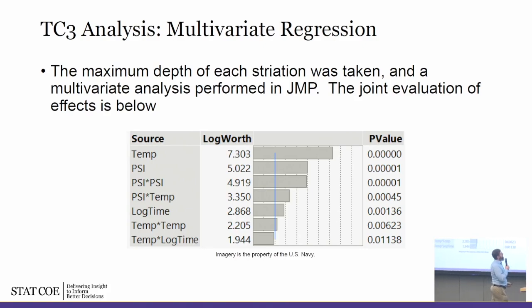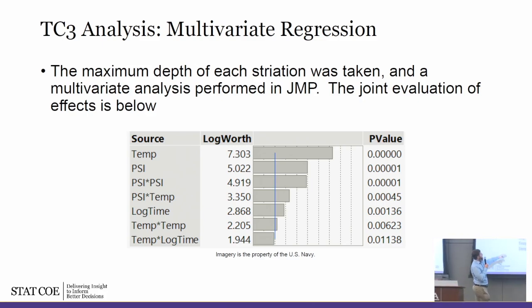Now, we have the test case 3 analysis. We had that multivariate regression, and we found that the maximum depth of each striation was taken, and then we made a model off of each striation. So a model off of the left striations, and then a model off of the right striations.